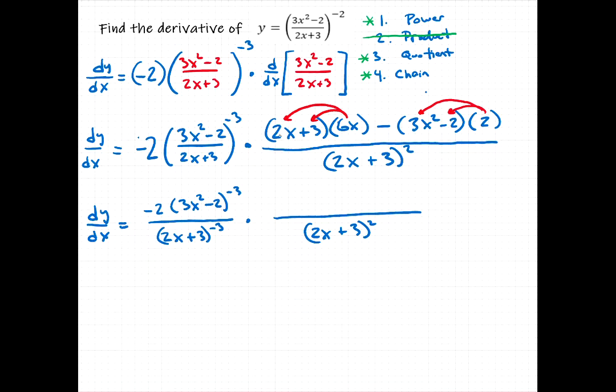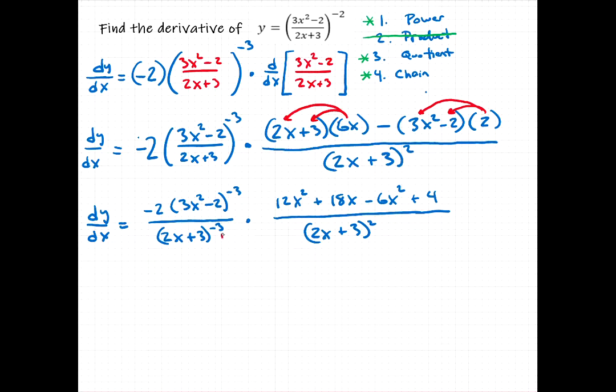Okay, so 6x times 2x, that's a 12x squared, and 6x times 3, that's an 18x. Then over here, 2 times 3x squared, so that's a 6x squared, and that's negative. And 2 times a minus 2 is a minus 4, so it's a minus 4, or a plus 4.